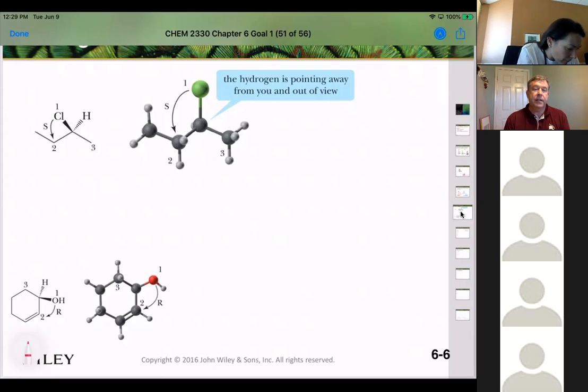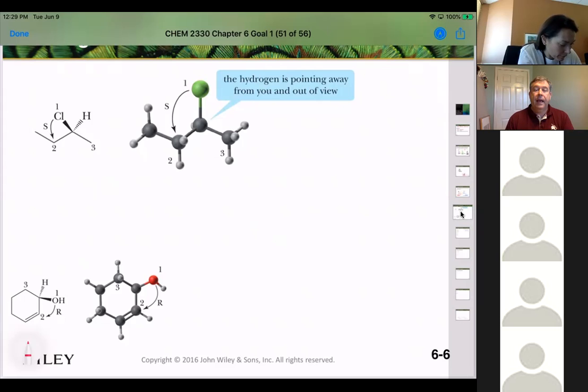Number 3 is just a CH3, and of course H is last. And so if you use that hand structure again, where hydrogen is where your wrist is, the chlorine is going to be your index finger, the CH2CH3 should be your middle finger, and then the 3 should be your thumb. And so when you do that, you should get a counterclockwise rotation, which means it should be S.